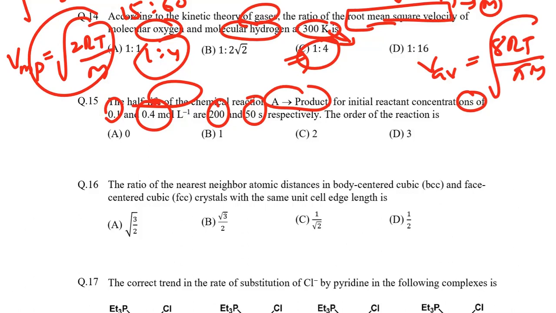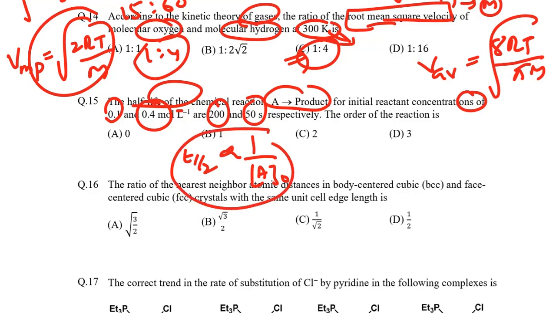What you understand is that the half-life time t half is decreasing with increasing initial concentration of A. This is the relation you can see from the given information of the problem, and we know that t half equals 1 by K times the initial concentration of reactant. So it is for a second order reaction.